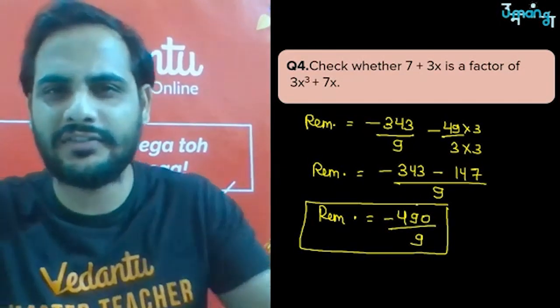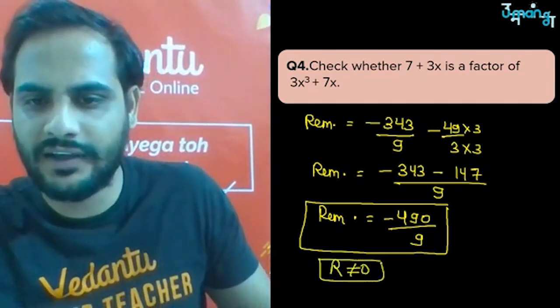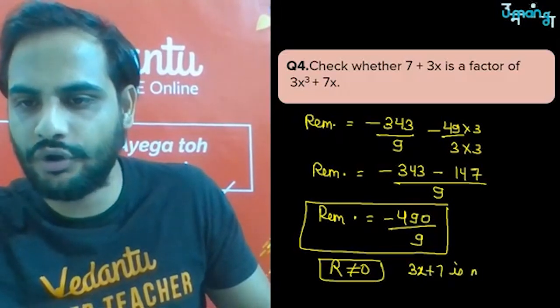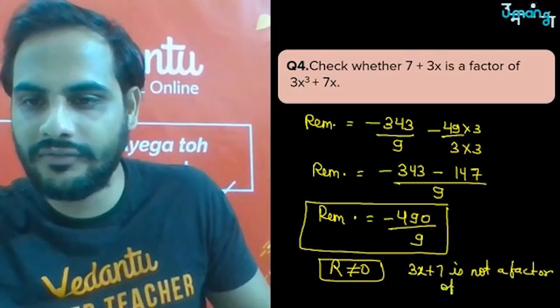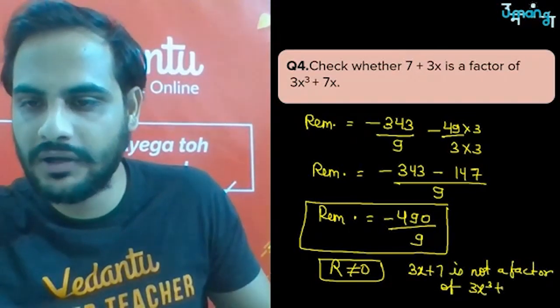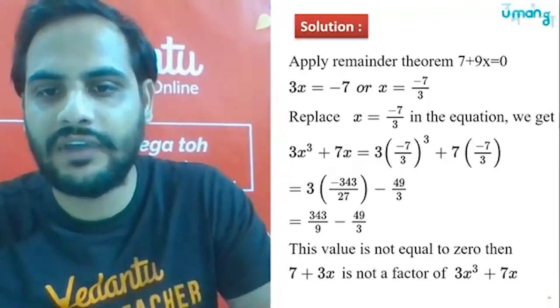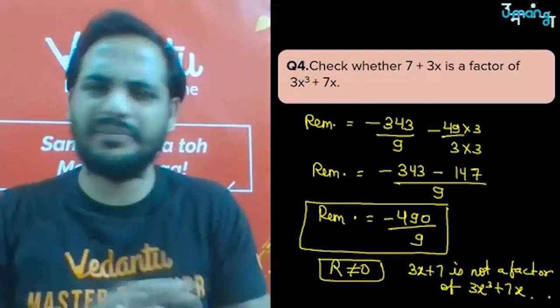So you can clearly see remainder is not equal to 0. Hence I can say 3x plus 7 is not a factor of 3x cube plus 7x. As simple as that. You just have to check whether your remainder is becoming 0 or not. As simple as that. Nothing else.